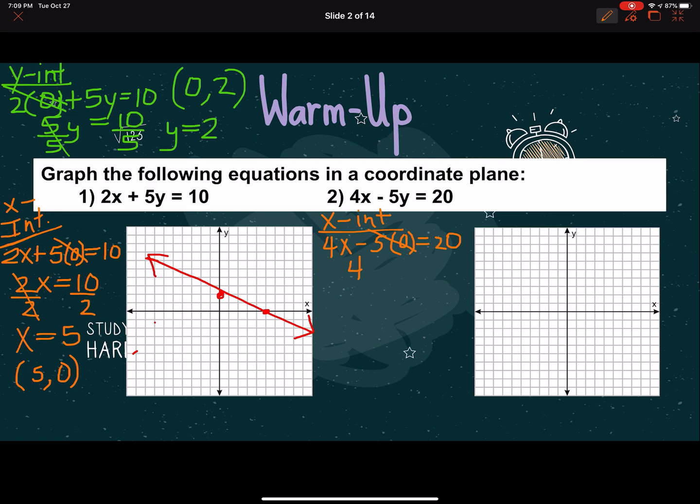Go through that process. Now we have 4x equals 20. Divide both sides by 4, and x equals 5. So my coordinates for this x-intercept would be 5, 0.